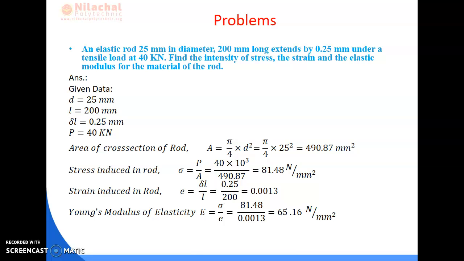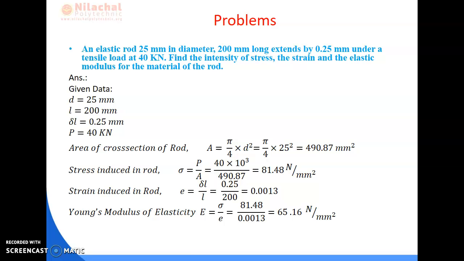From the above question, these are the data given to us. Diameter D is 25 mm, length L is 200 mm, extends means increase in length, that is change in length, del L is equal to 0.25 mm.